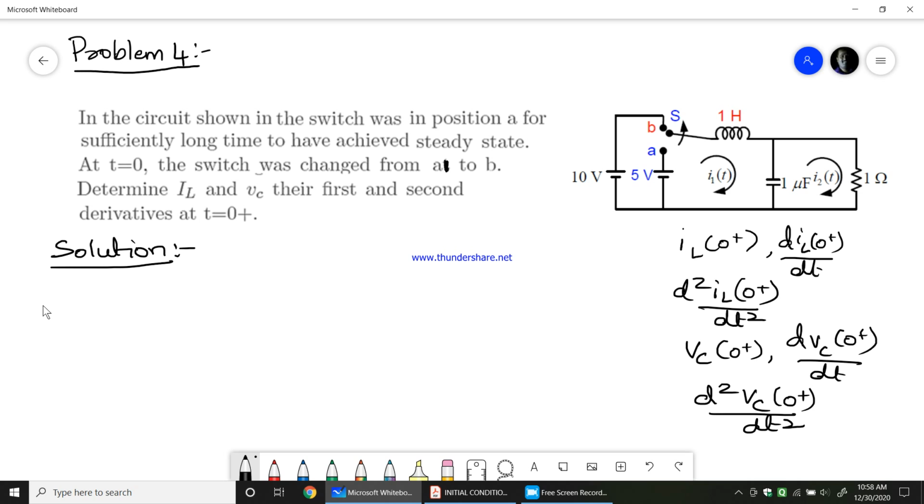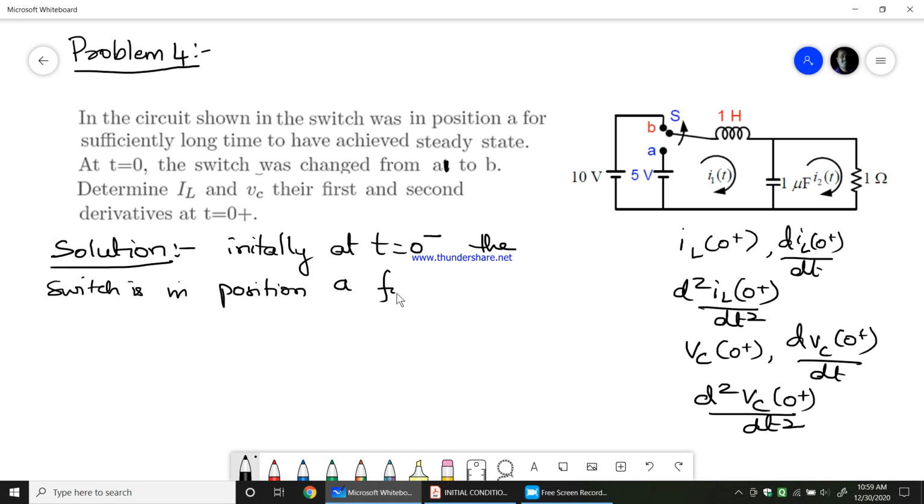So initially at t equals 0 minus, the switch is in position A for a long time to get into steady state.